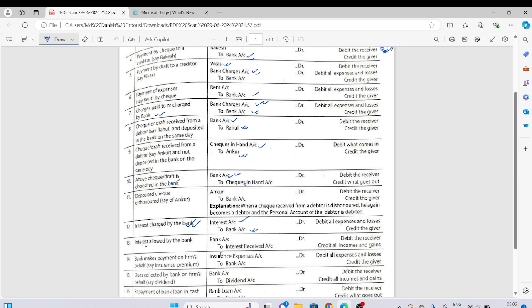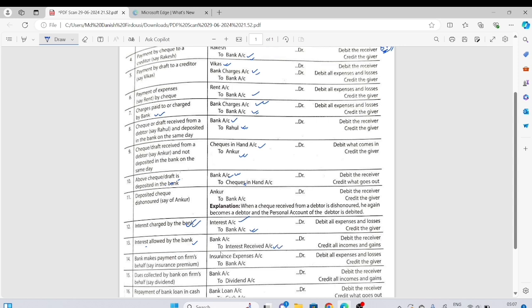Interest allowed by the bank. If you receive any type of interest from the bank, it means here the bank is the giver. So what entry will you pass? Interest will be income for your business. So bank account debit to interest received account.